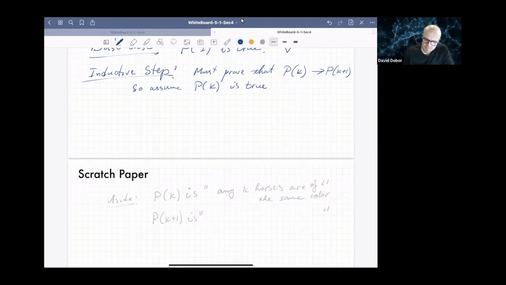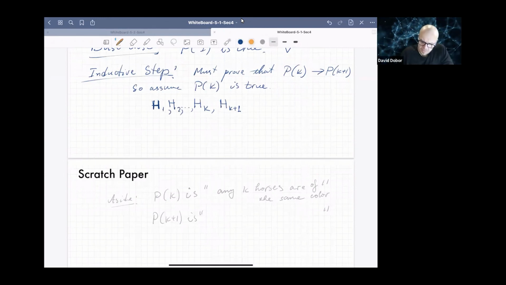So let's draw some horses. Instead of drawing, I'll just put a letter H there. H1, ..., H of k are of the same color. Let's put more horses: H1, H2, ..., H of k plus 1. I have k plus 1 horses.